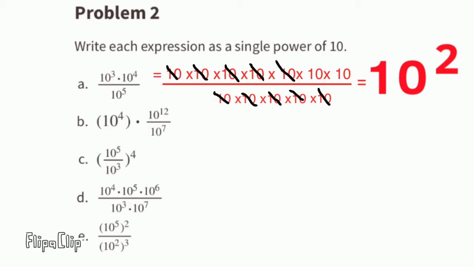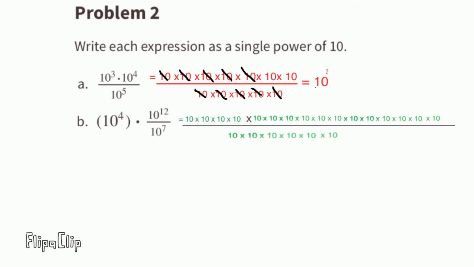B. 10 to the power of 4 times 10 to the power of 12 over 10 to the power of 7. 10 to the power of 4 is the same as 10 to the power of 4 over 1. We can rewrite this as a fraction, which is a division problem, as 10 times 10 times 10 times 10 times 10 times itself 12 more times, for a total of 10 times itself 16 times, over 10 to the power of 7, which is 10 times itself 7 times.